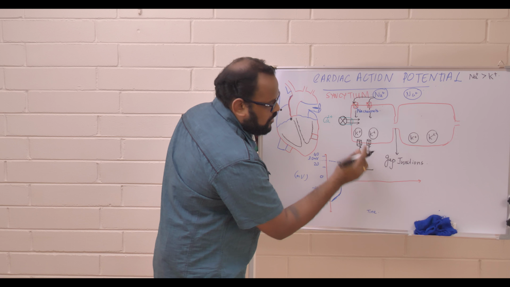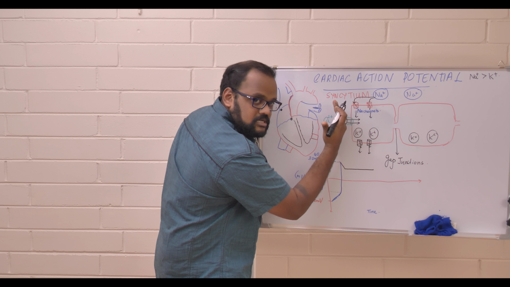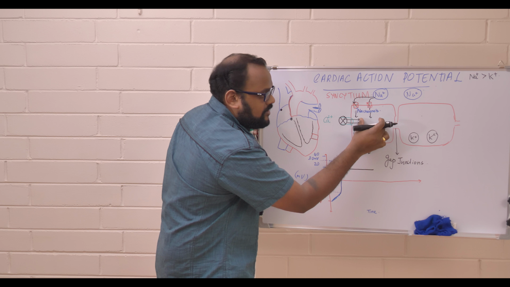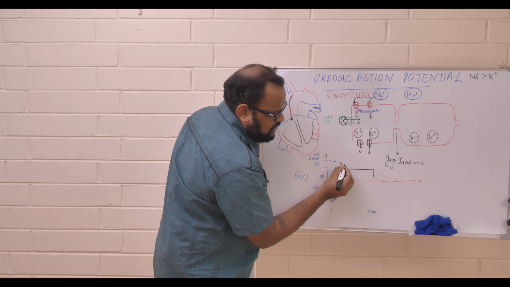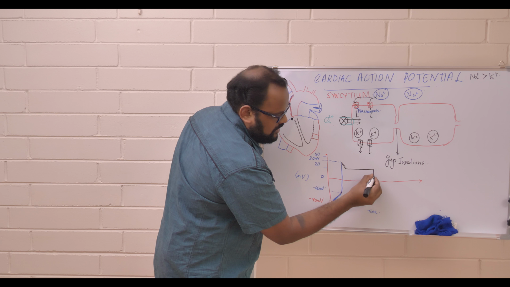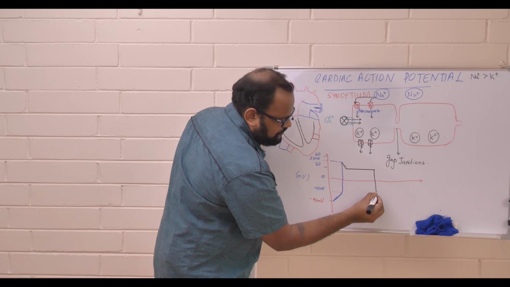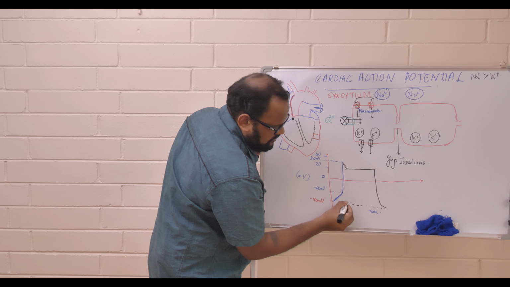And what happens is, you're still losing potassium and your calcium is completely closed, so the net polarity of the cell starts to go down, as happened over here. So it's the same incident happening here, but it goes on for a long time. It goes down and goes down until you reach minus 90 millivolts.